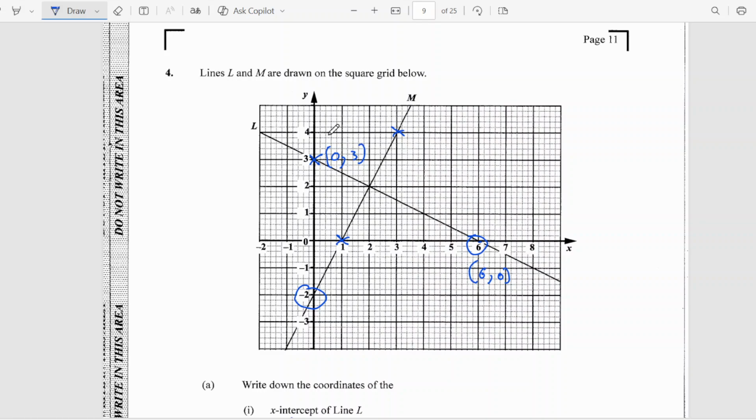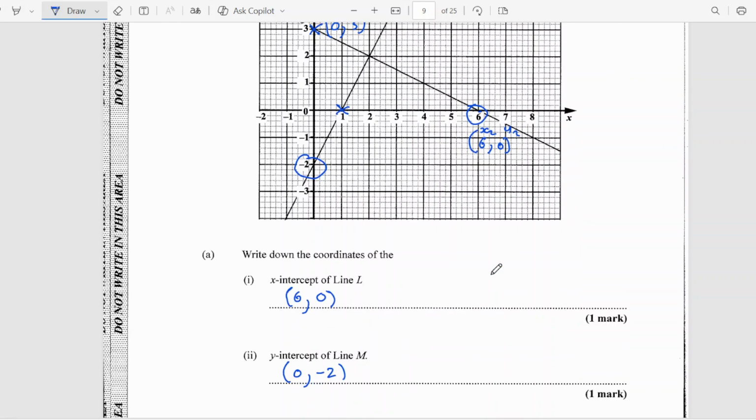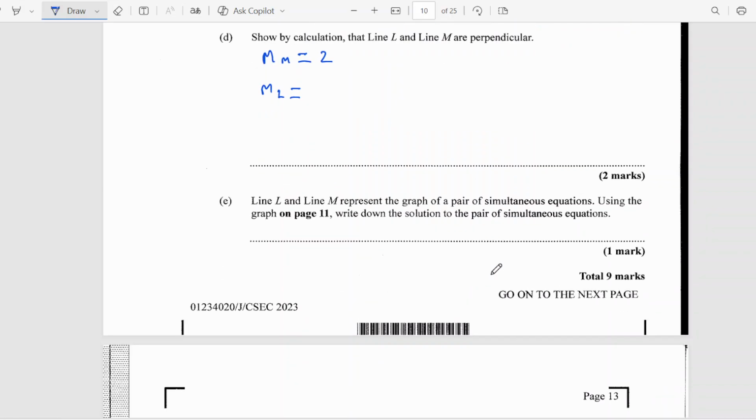If I name this x1, y1, x2, y2, 0 take away 3 over 6 take away 0. That is negative 3 over 6, which is negative a half.